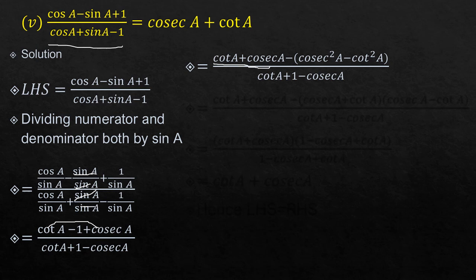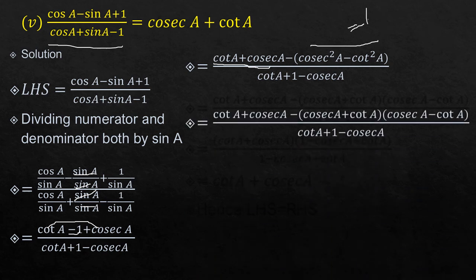Write simply cot A plus cosecant A and change this minus 1 to minus of cosecant square A minus cot square A, because this is the identity which is equal to 1. So in place of 1 we write cosecant square A minus cot square A.